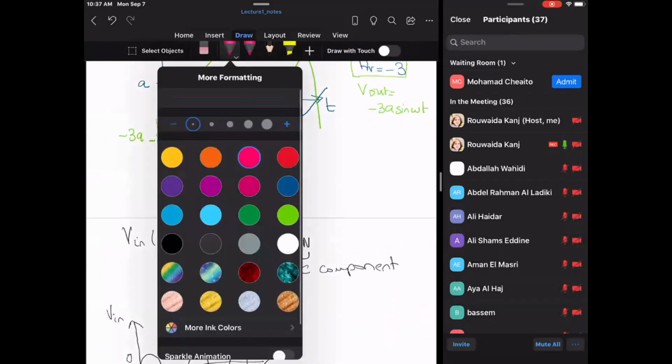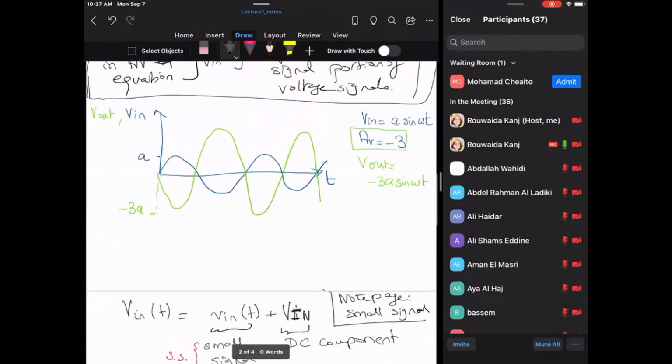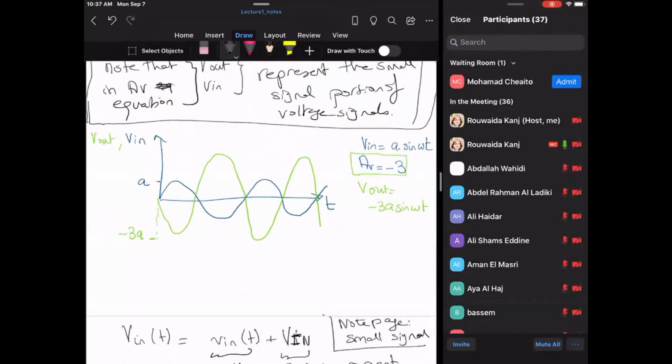What is my small signal? And we were talking about the amplifier, how it works. So this is a note page. The amplifier amplifies the small signal component of my input signal.